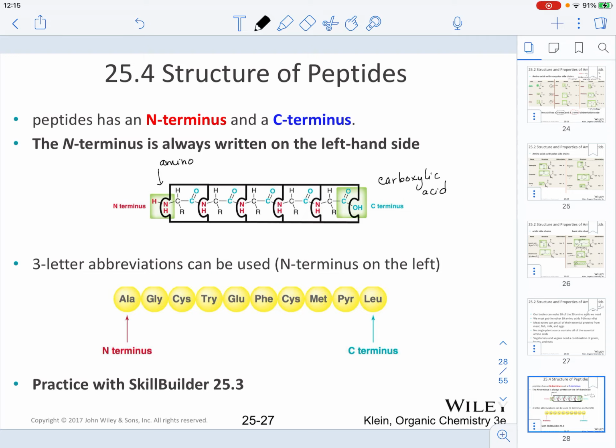Now, as you can see, when it comes to the different abbreviations, we can utilize the 3-letter code, but we can also utilize the 1-letter code for the amino acids. Here, specifically, we can observe that in this peptide, we have the amino acids alanine, glycine, cysteine, tyrosine, glutamic acid, phenylalanine, cysteine, methionine, and then we have leucine.